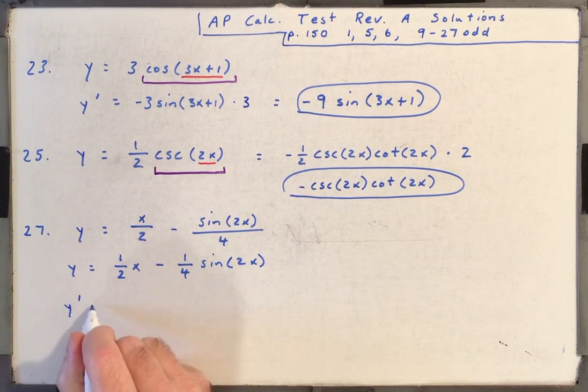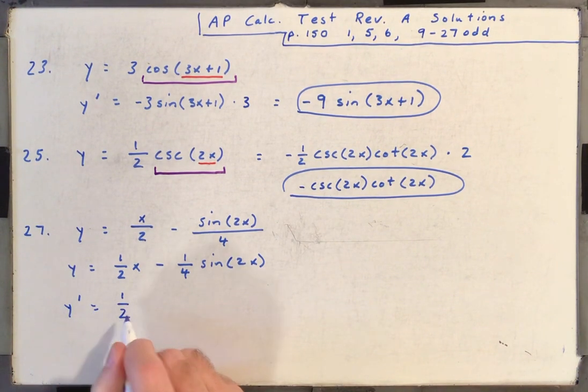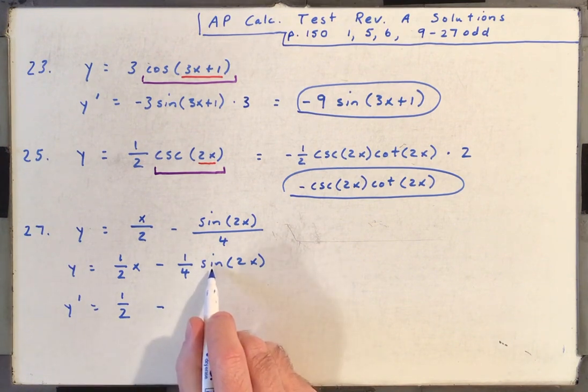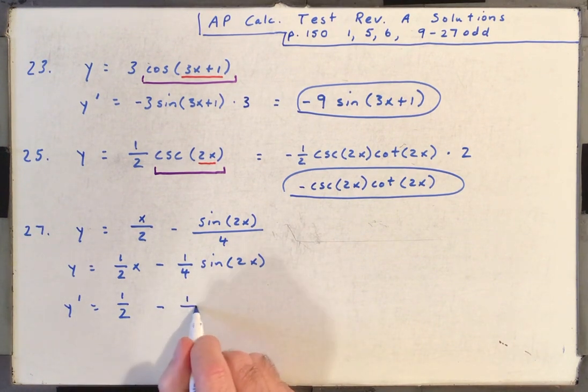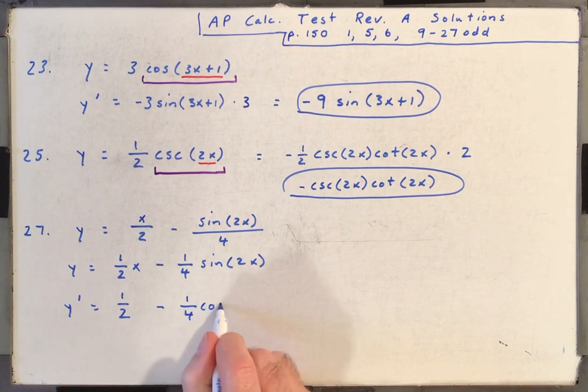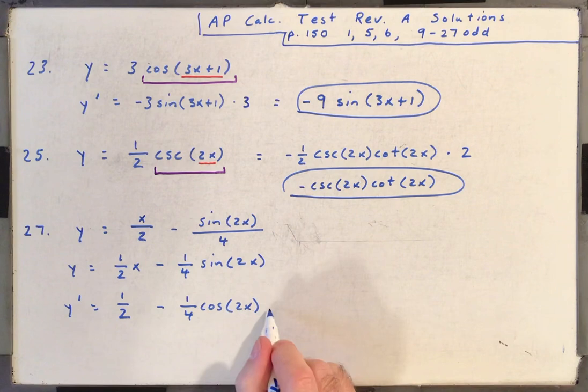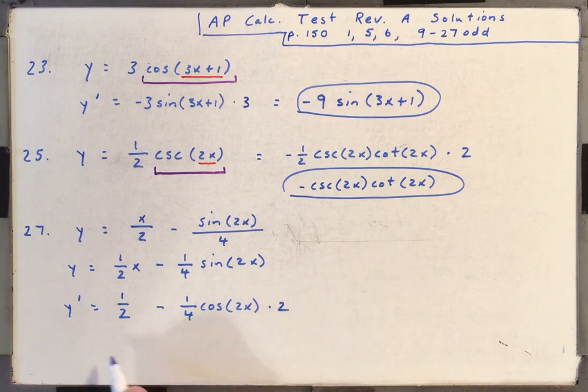Okay, so y prime is going to be 1/2. The derivative of 1/2 x is 1/2. Derivative of sine is cosine, so minus 1/4 cosine 2x times the derivative of the inner function, times 2.